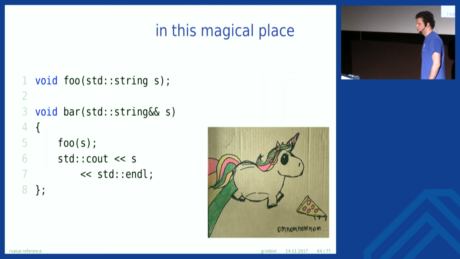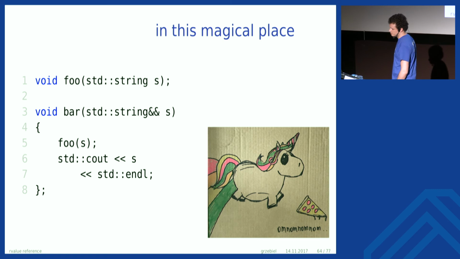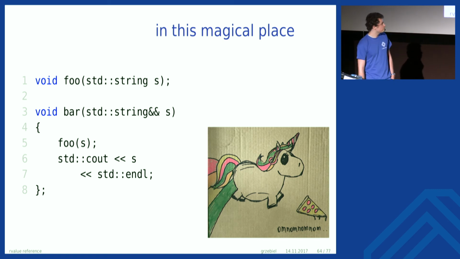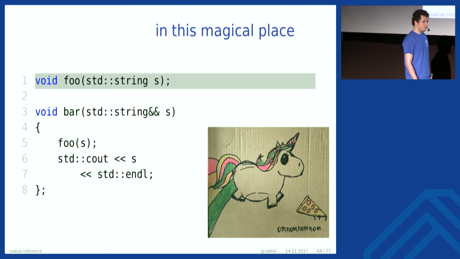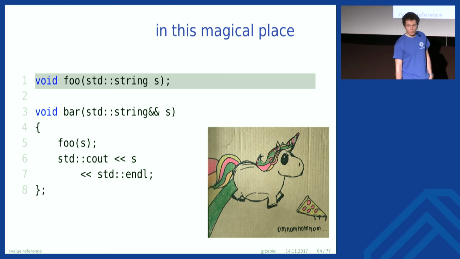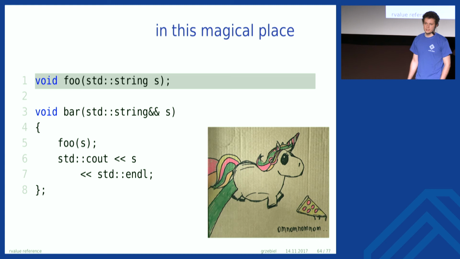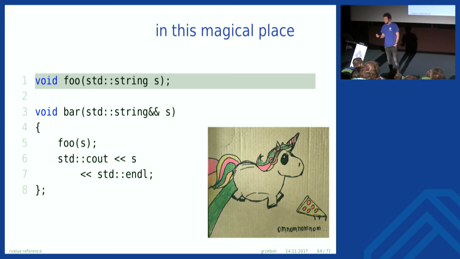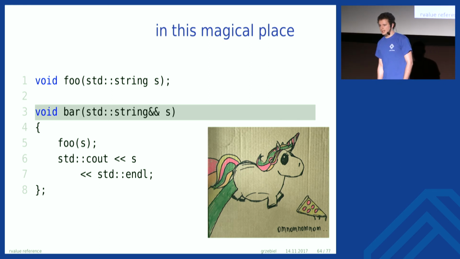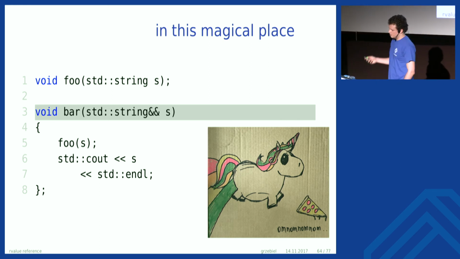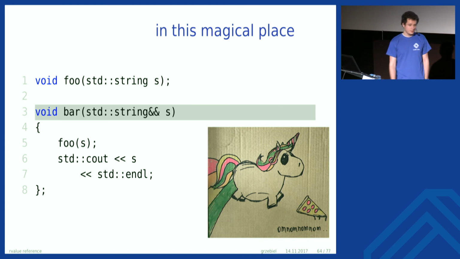Okay, so let's think about another example. We have a function foo that takes a string by copy, because, for example, we want to consume or modify this string during the runtime of that function. And we have a function bar that is an overload for an R-value reference, so we are taking ownership of this object.